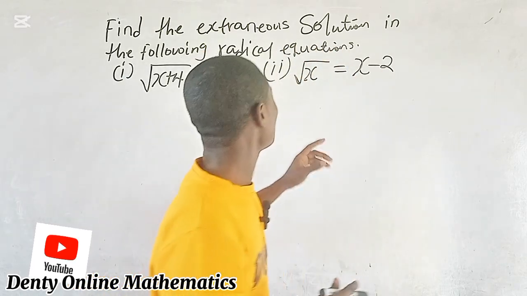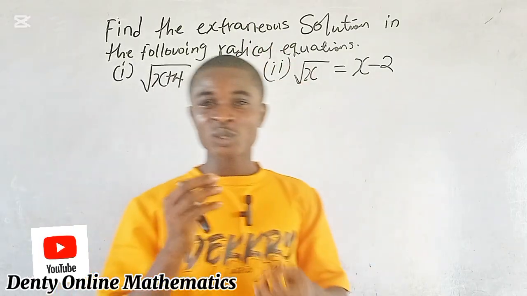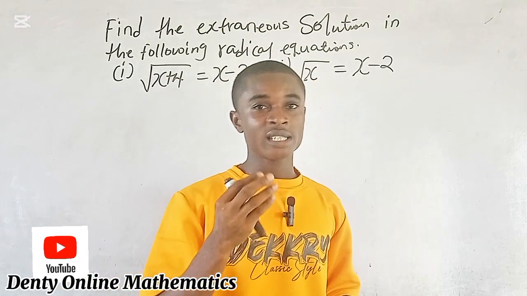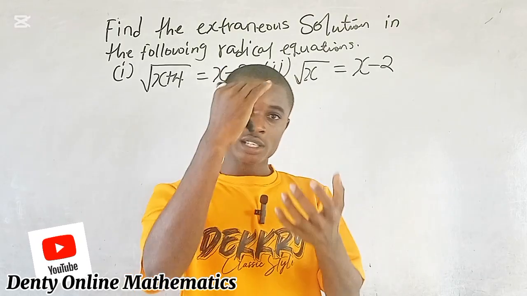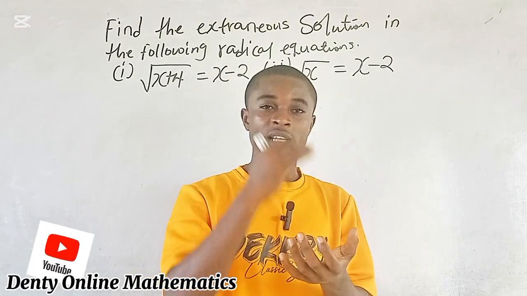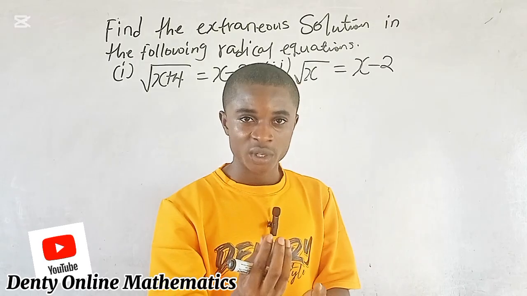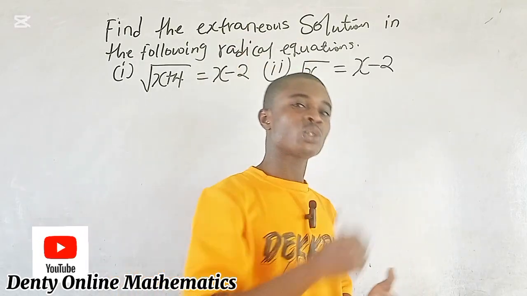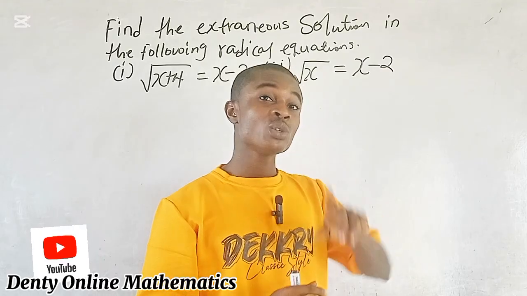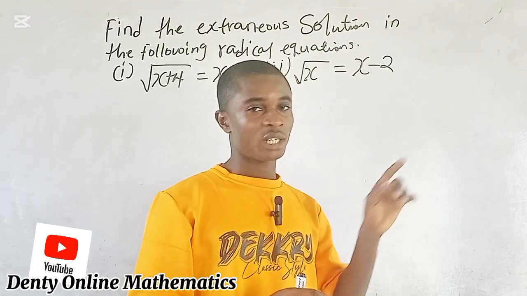So, an extraneous solution is that particular solution that, after solving the equation, you have a value. You substitute that value back into the equation, and then it will not be equal.